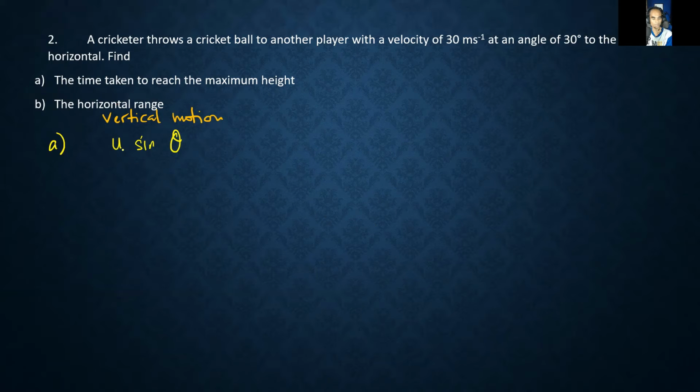So this is what we have to make a complete equation. u sine theta equals to what? v equals u plus at. Which equation, v in x or v in y?